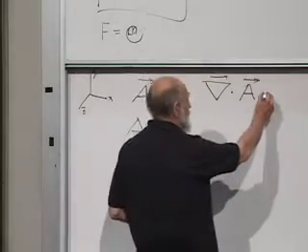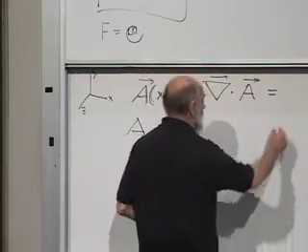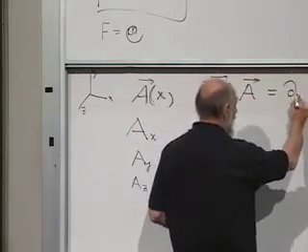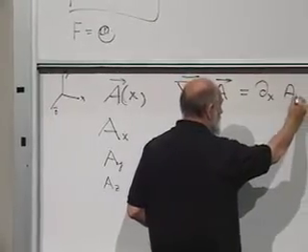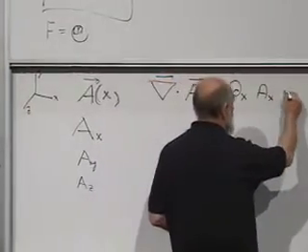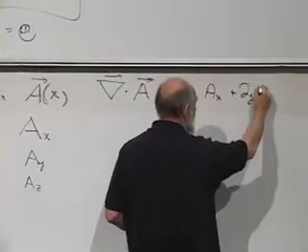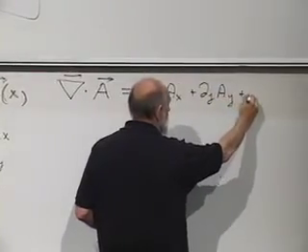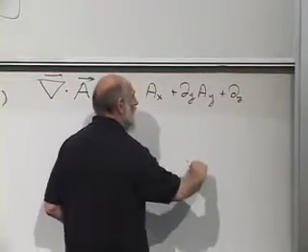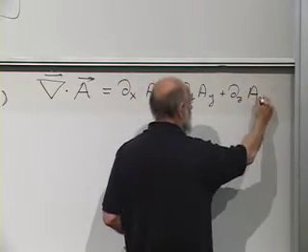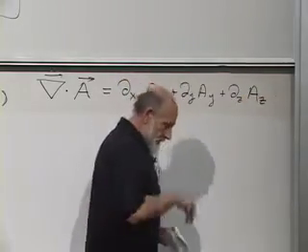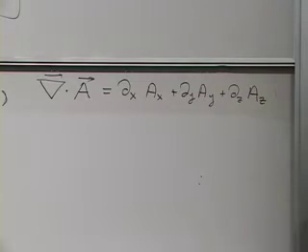And this is by definition the derivative with respect to x of the x component of A plus the derivative with respect to y of the y component of A plus the derivative with respect to z of the z component of A. That's a definition.